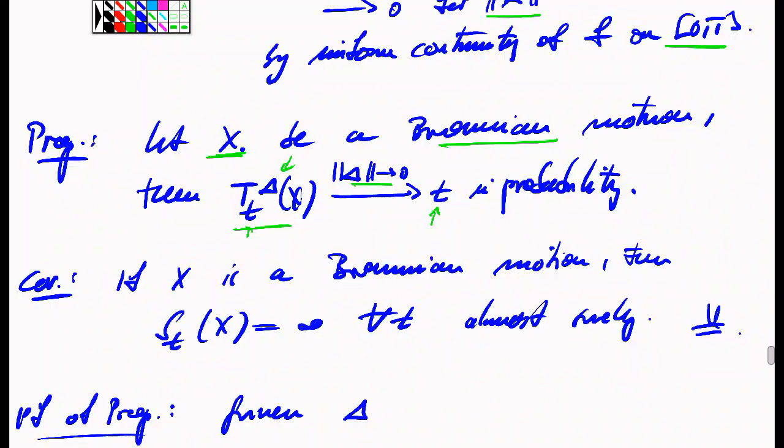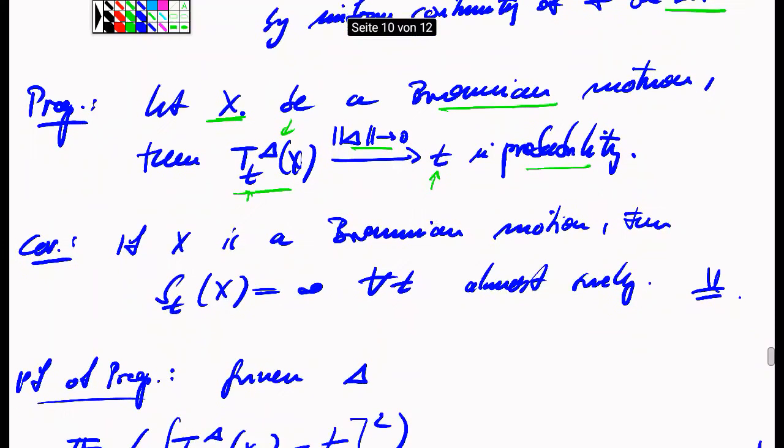This convergence in this proposition, which will be strongly amplified and improved in the next lecture, is a convergence in probability, and later we will provide a much stronger statement than this.